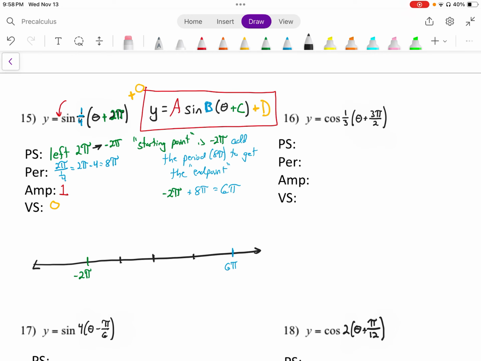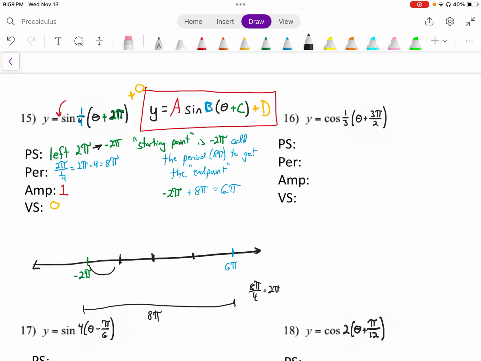We can think through this different ways. We could think what's halfway between negative 2 and 6. Negative 2 plus 6 is 4, divided by 2 is 2. So halfway is 2 pi. Also, we can think of the whole period, 8 pi, divided into 4 equal parts, so each part is 2 pi.